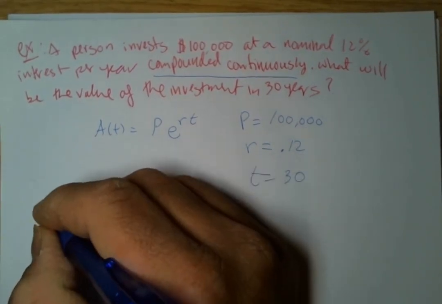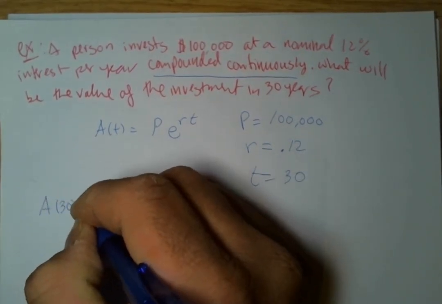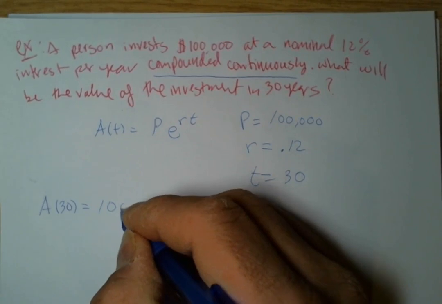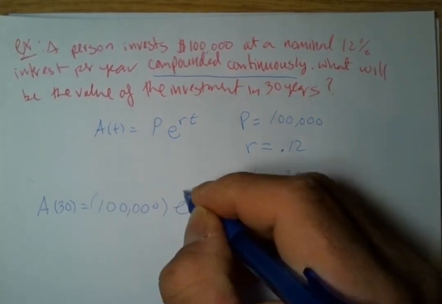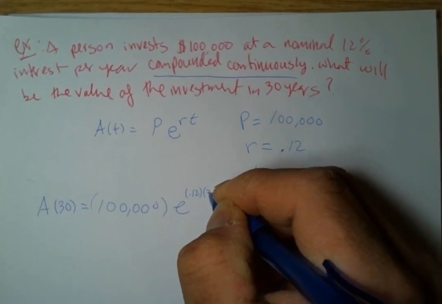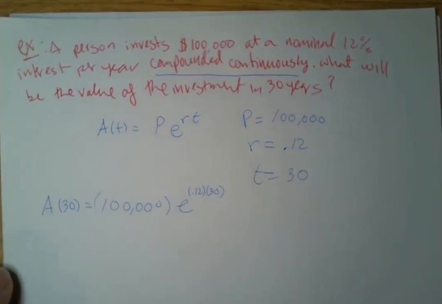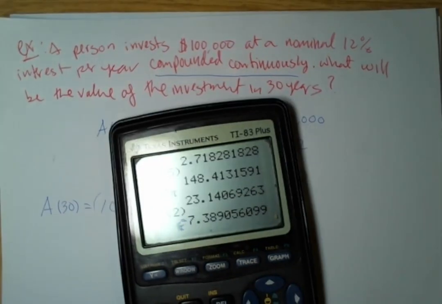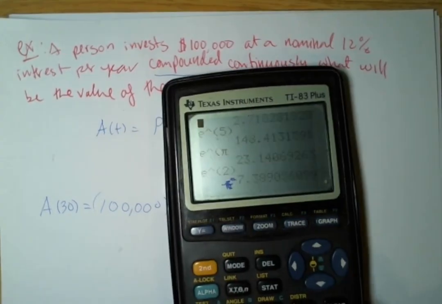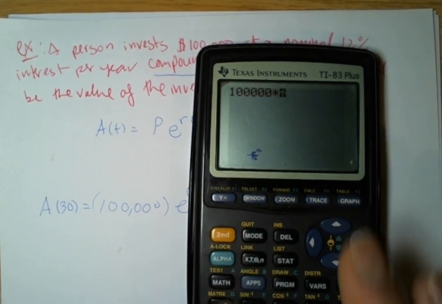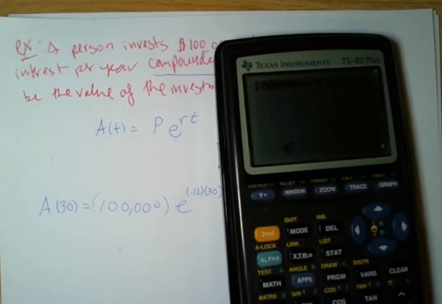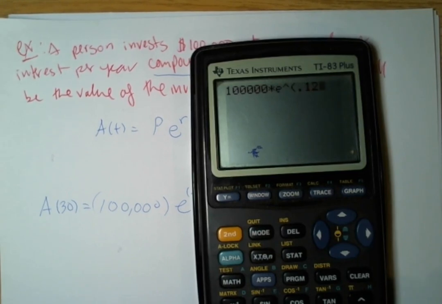So A of 30 is going to be 100,000 times E, where R is 0.12 and T is 30. So we got our calculator here, and again, be careful. So 100,000 times E, and in the exponent, 0.12 times 30.